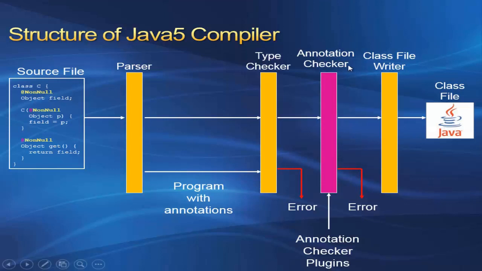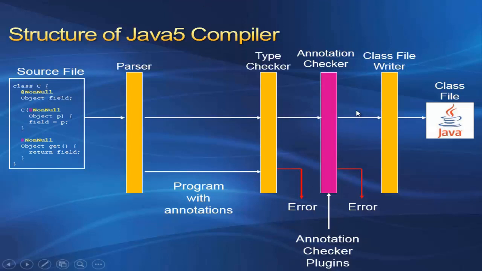After that, it will pass through one more checker, and that is the annotation checker. It will check for the validity of the annotation. If an inappropriate annotation is provided, your code will not get compiled. The compiler will not go for the conversion into your byte code. Instead, the compilation will stop there and then.